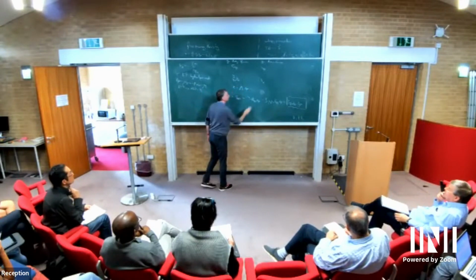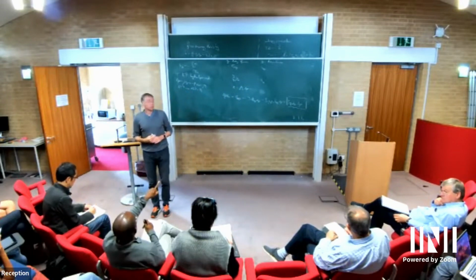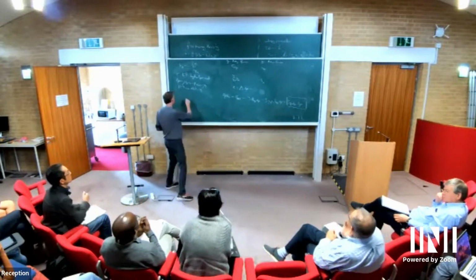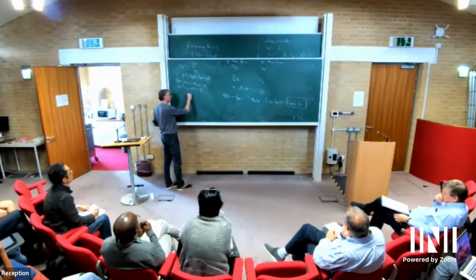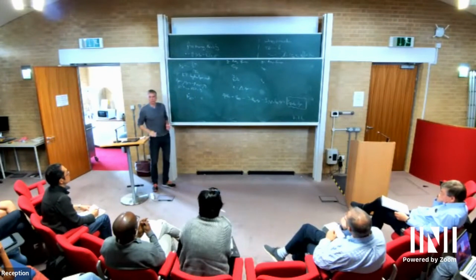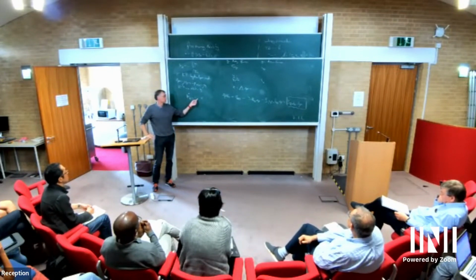No, R is the rate already. So if I just look at the total number of ATP molecules, then it would be minus R, because the number changes by the rate of ATP hydrolysis and it's reduced by this, so we have the minus sign.